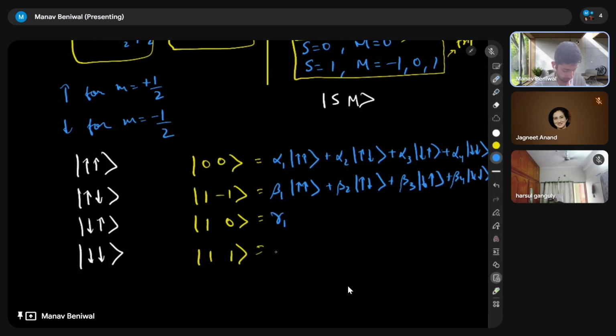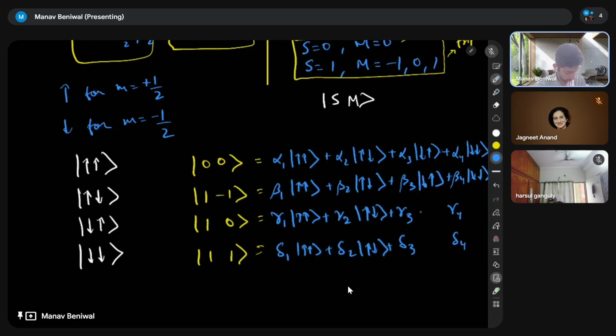Then gamma 1, gamma 2, gamma 3, gamma 4, and delta 1, delta 2, delta 3, delta 4 with the same states.